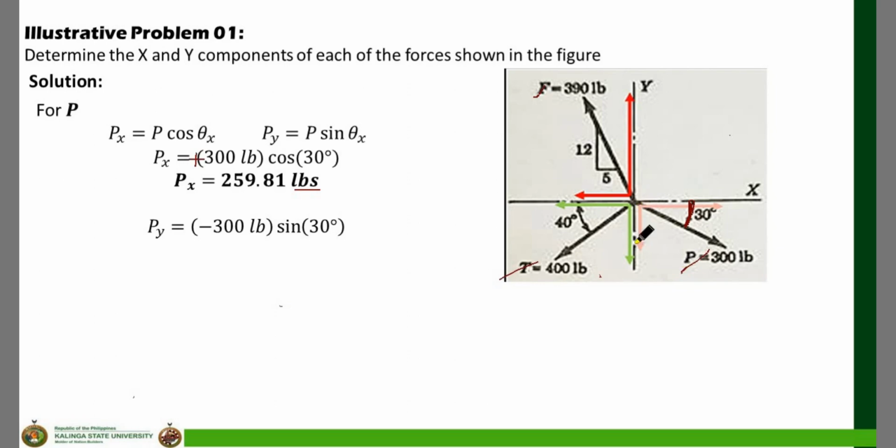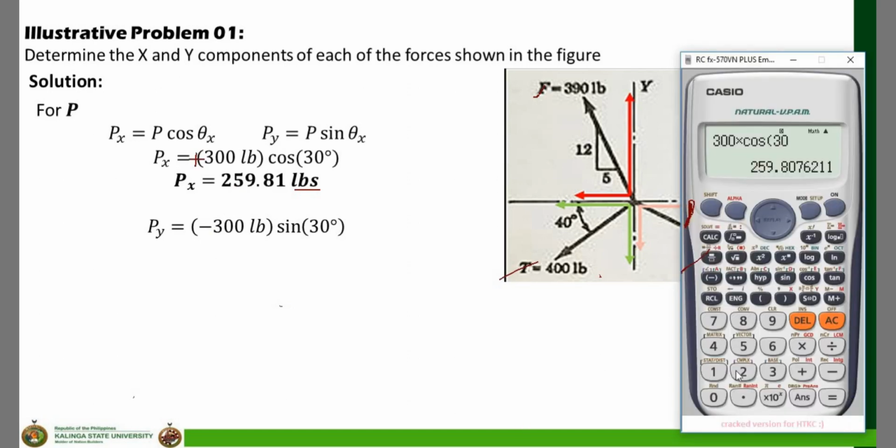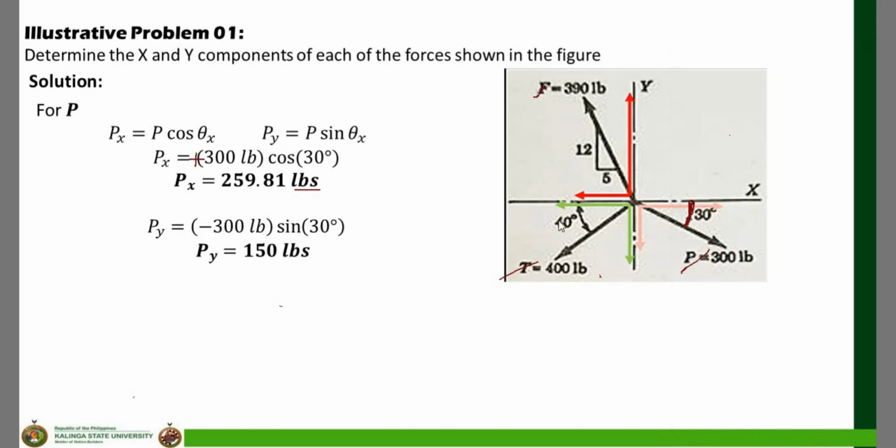The y component, Py, is pointing downwards, so it is negative. Entering into the calculator, negative 300 multiplied by sine of 30 degrees is equal to negative 150 pounds. In your quizzes or exams, if a force has no sign, it is wrong. If you write positive 150 pounds for Py, that is wrong. It should be negative 150 pounds.